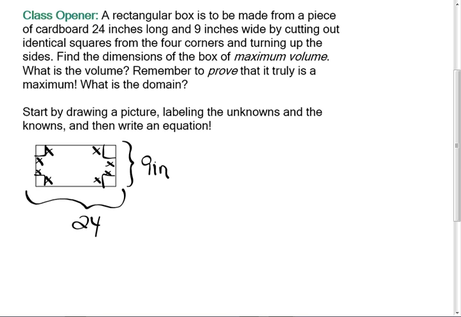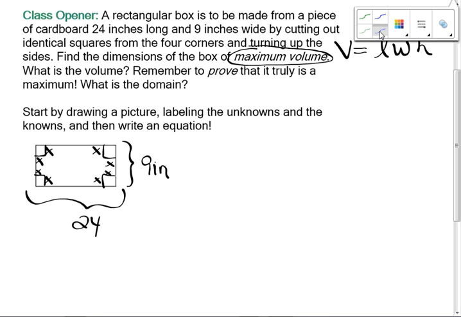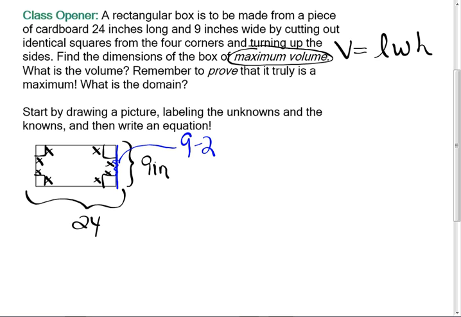I want the dimensions of the box with the maximum volume. How do we find volume? Length times width times height. So, if this whole side is 9, what's this little piece in here? 9 minus 2x.